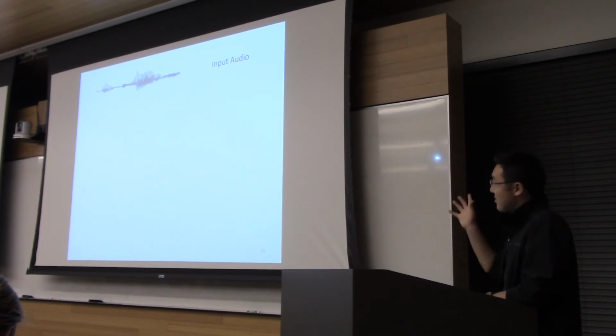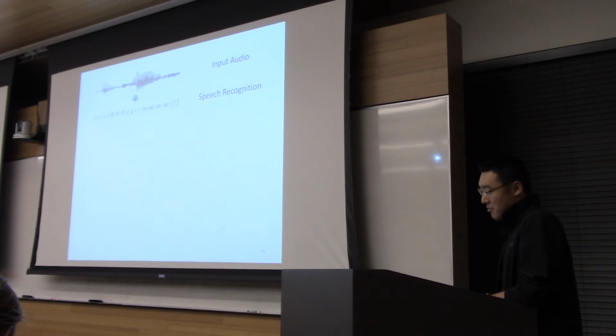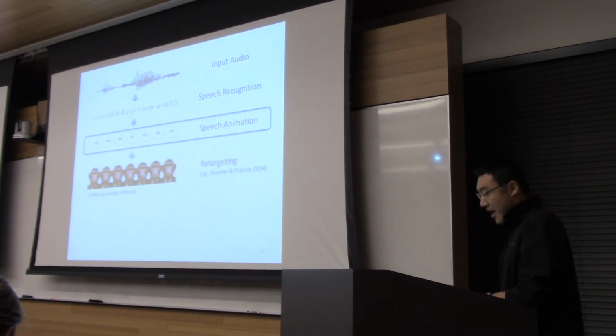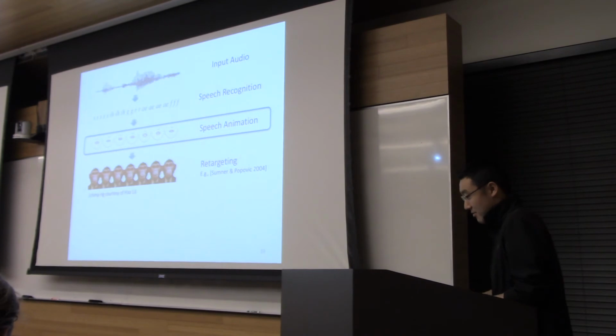So we can start with the input audio, right? We do standard speech recognition to convert that into phonetics. We do the animation. That's the part that I described. And then you can actually retarget that animation to some other face model, not just Ken's model.